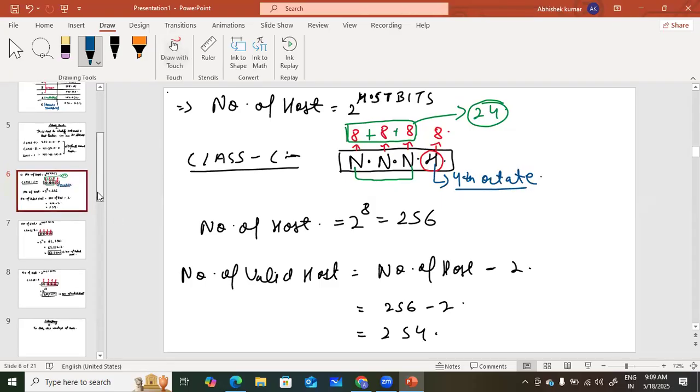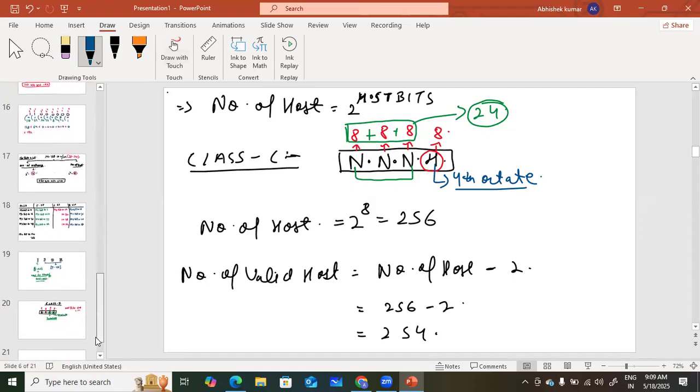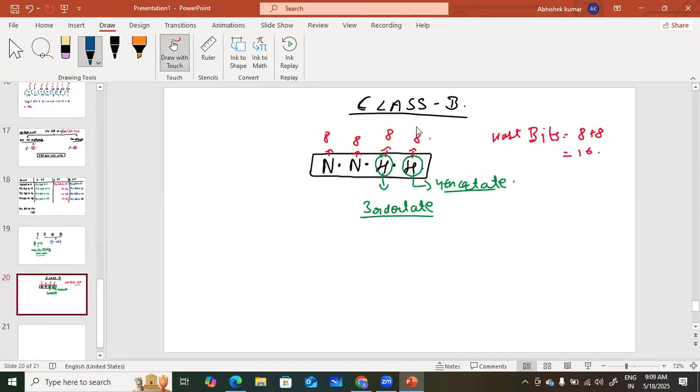Understand the difference? For class B, I have to perform subnetting for the third octet as well as the fourth octet. Am I clear with this one?